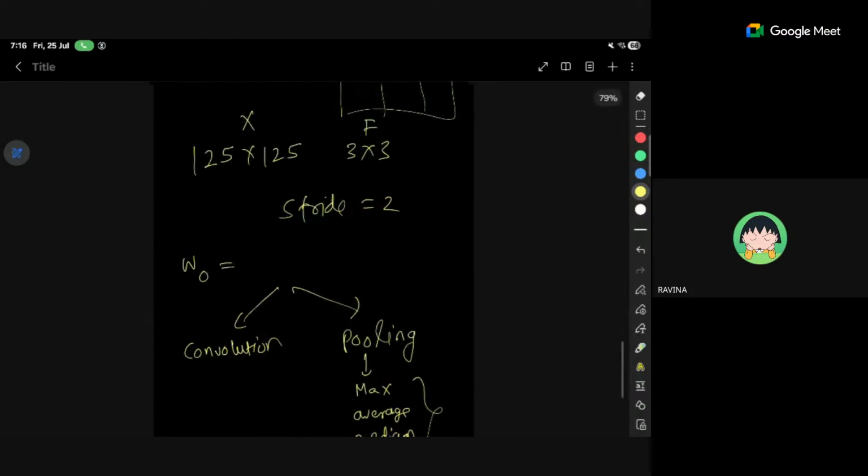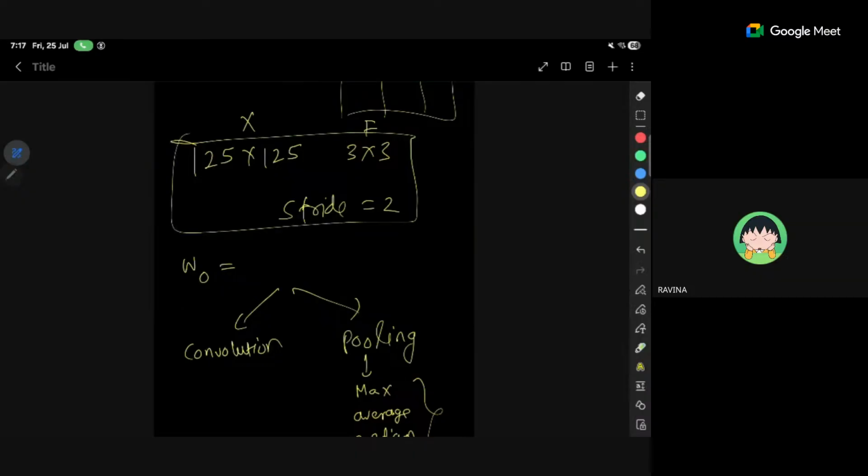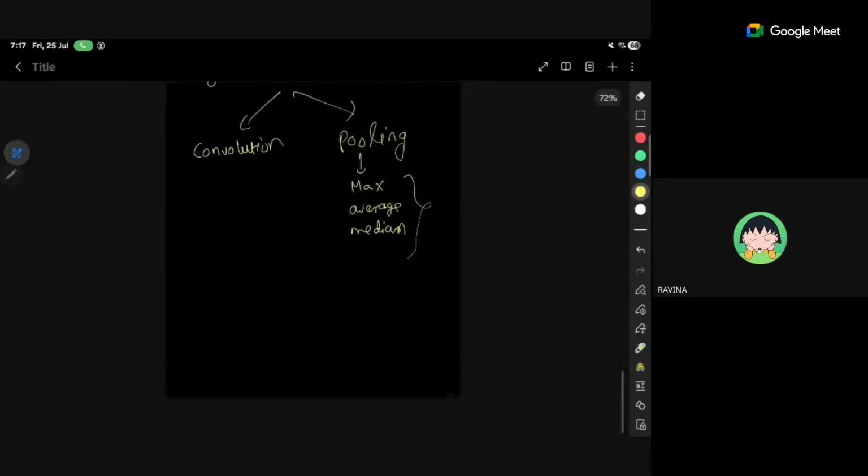Okay. Now the initial question: how will I determine the size of my matrix? Let's add one more thing, which is padding, which is 0. Let's say your initial image was something like this.